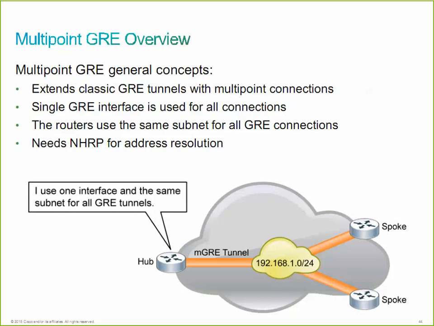In multipoint GRE, that protocol is called NHRP, the Next Hop Resolution Protocol. Now, what NHRP does is, well, it's very similar to ARP, right?